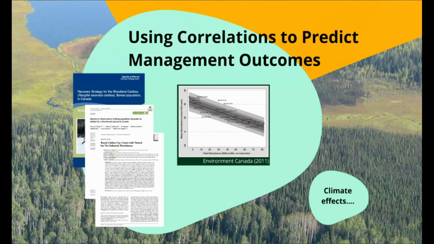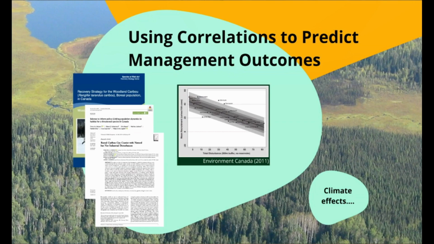They actually use this fairly straightforward correlation in counterfactual reasoning to predict what the trend in caribou populations would be had there been no anthropogenic disturbance on the landscape at all. And so clearly these papers are moving up the ladder of causation, but at the same time, not applying the causal reasoning to make sure that we're doing our best to minimize the biases in that causal identification.